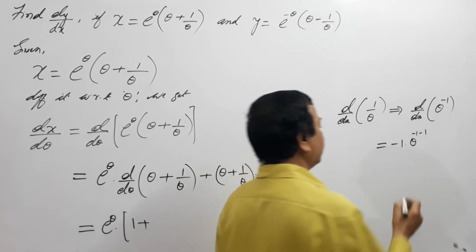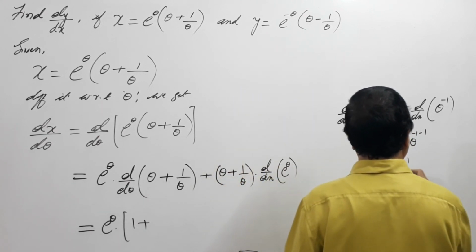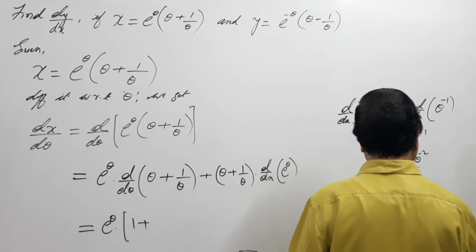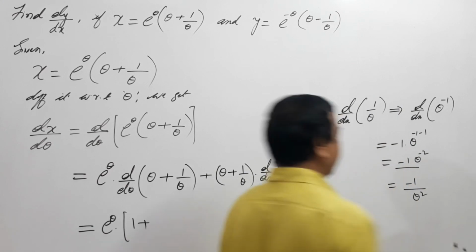So what happens to this? This equals minus 1 by theta to the power of minus 2, which is also equal to, if I bring it down, minus 1 by theta square.